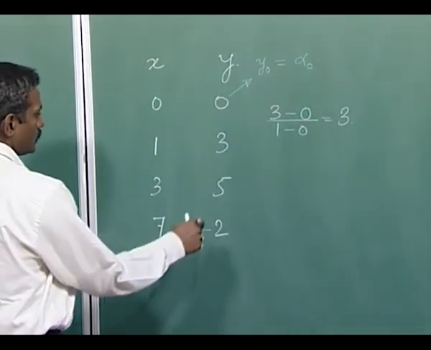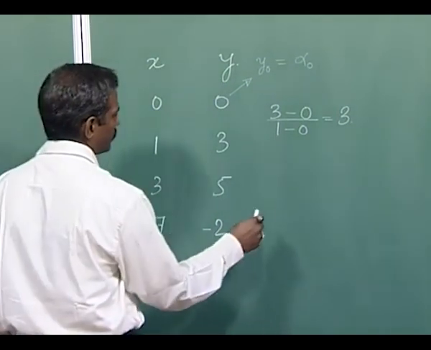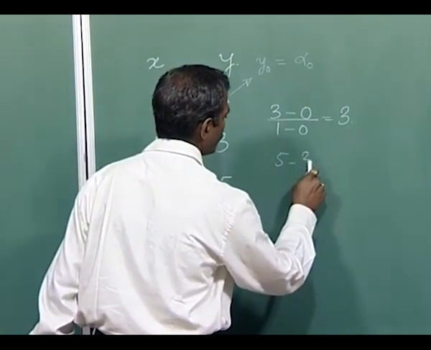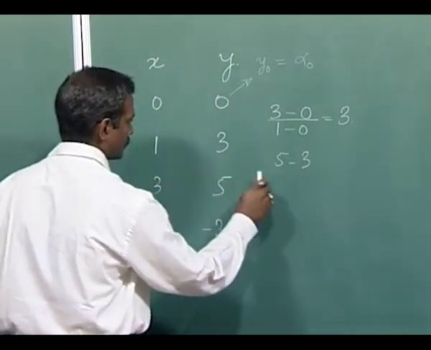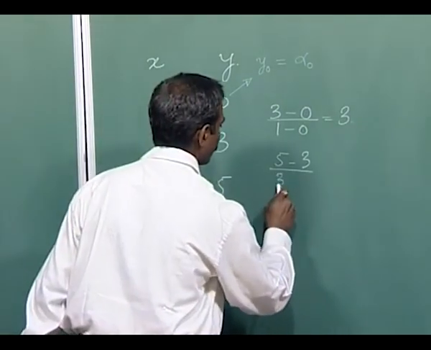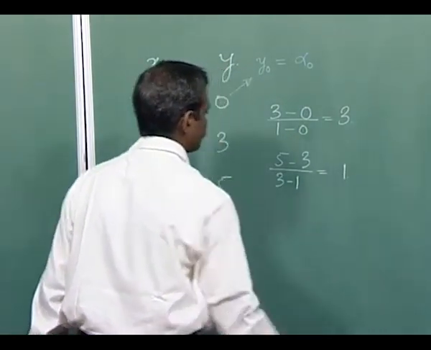Likewise, I can compute the divided difference using these four numbers. How do I do that? It's 5 minus 3, this minus this, over 3 minus 1, which is equal to 1.